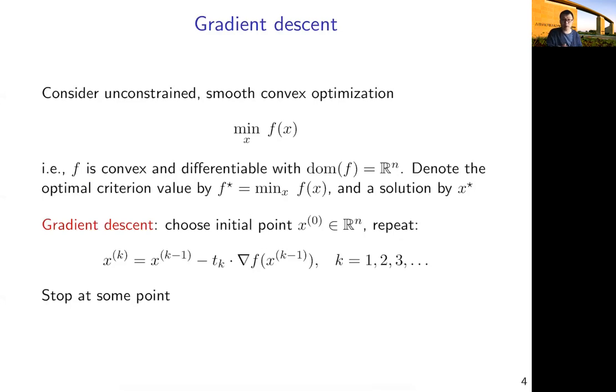Whenever we have a star, even out of context, it's a good idea to assume, at least within this class, that we are referring to the optimal solution and optimal objective function value.